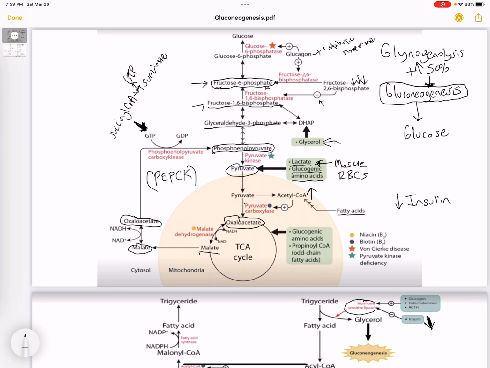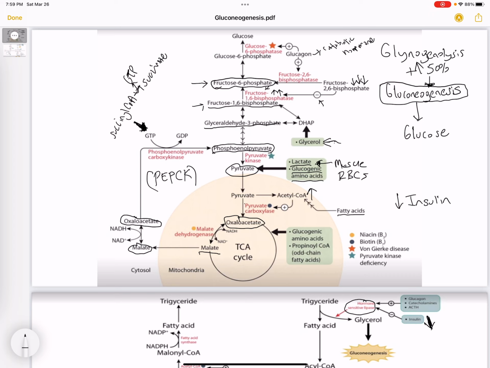If we have low levels of fructose 2,6-bisphosphate, then we're going to have higher activity of fructose 1,6-bisphosphatase, and we can then continue the pathway by converting fructose 1,6-bisphosphate into fructose 6-phosphate.